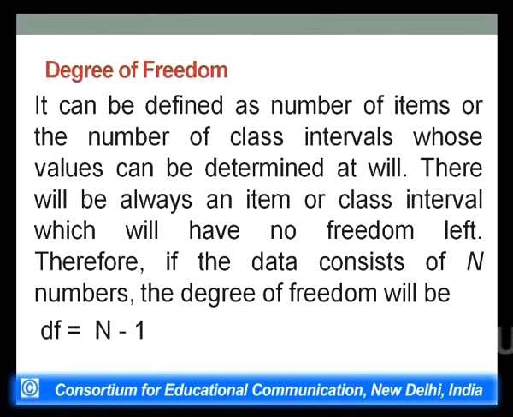Whenever you take the number of items or class intervals, you will find that the last number which will be left has no choice. Suppose there are 10 items with you and somebody has a choice.